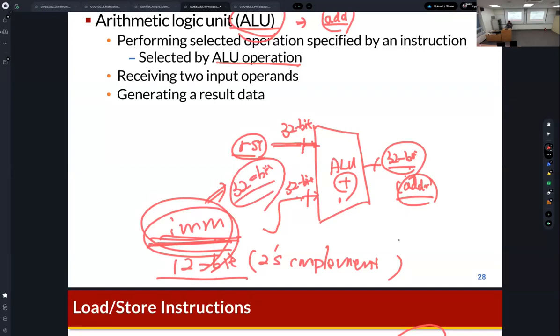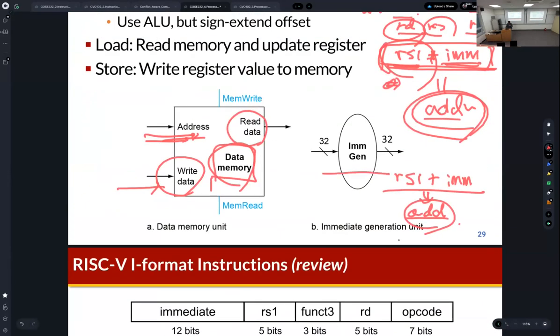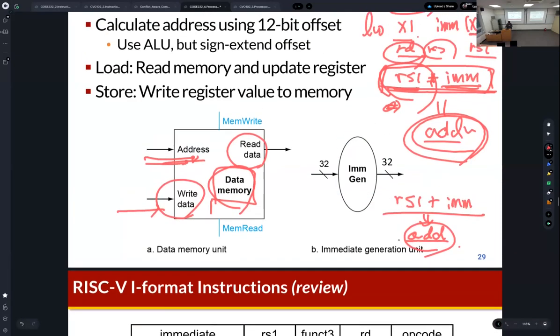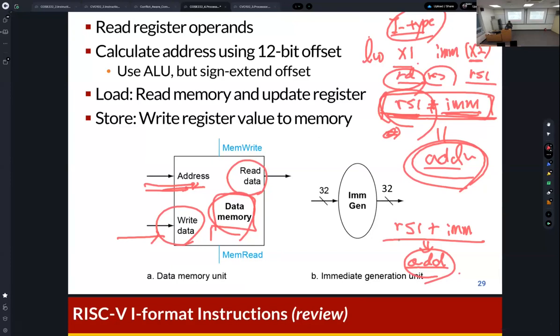So you can find the immediate generator here. This is the immediate generation unit, and the immediate generation unit generates the 32-bit data. You can find all this is the 32-bit input to the immediate generator.